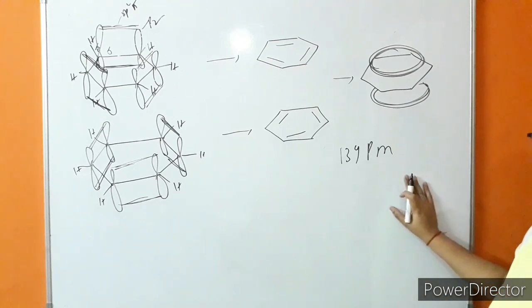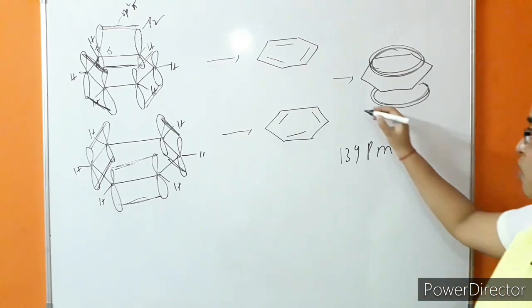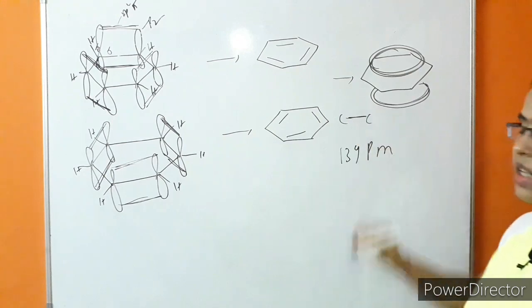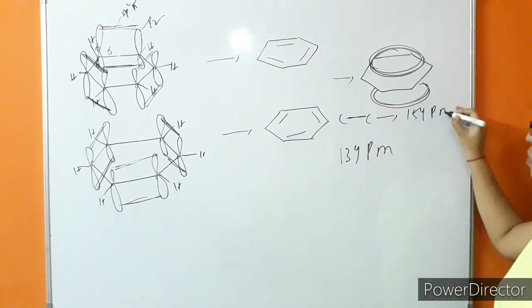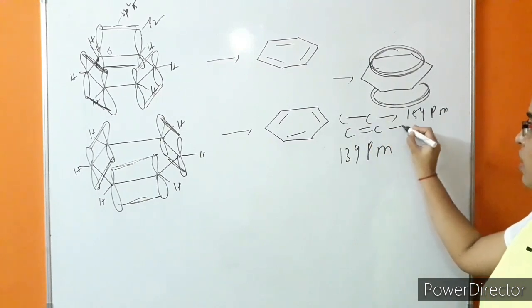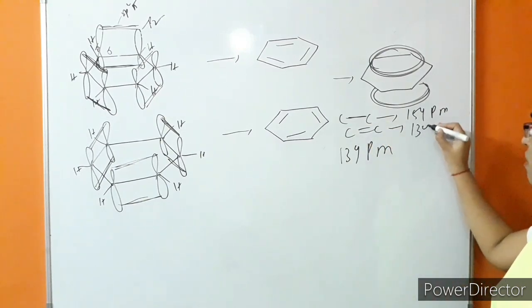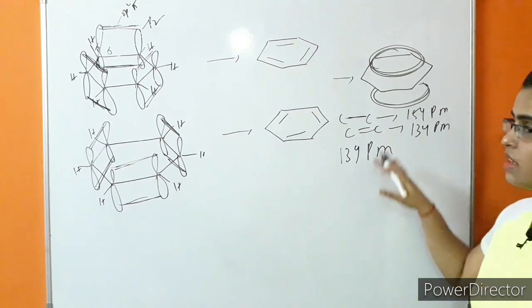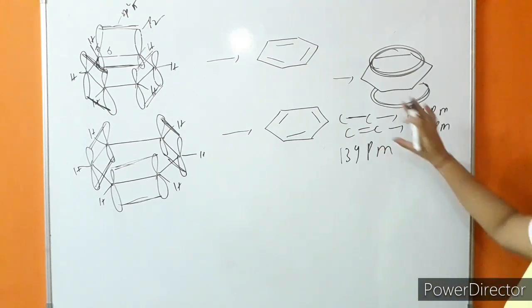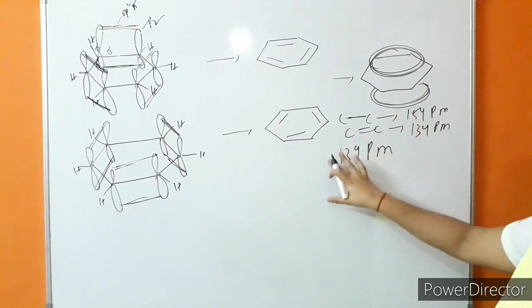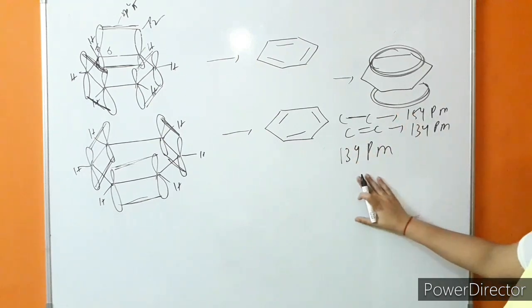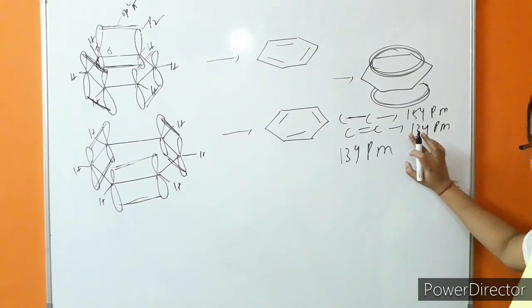It is intermediate to 154 picometer, which is the carbon-carbon single bond length. The carbon-carbon double bond has a bond length of 134 picometer. But in the case of the benzene ring, these two bond lengths are not present. Instead, there is a bond length which is intermediate between the single and double bond.